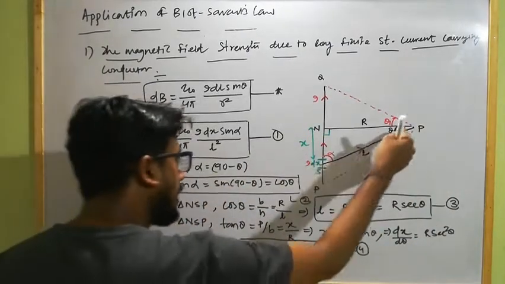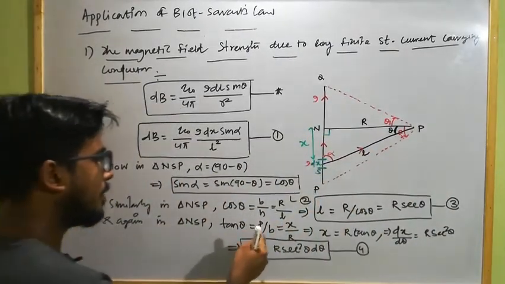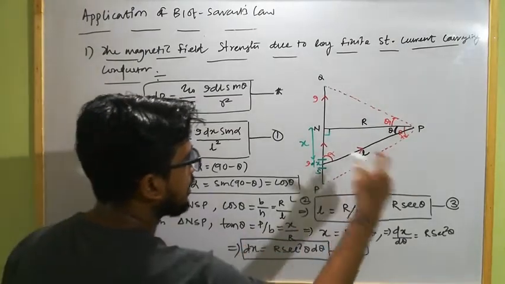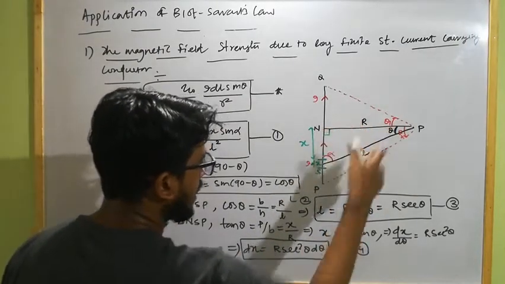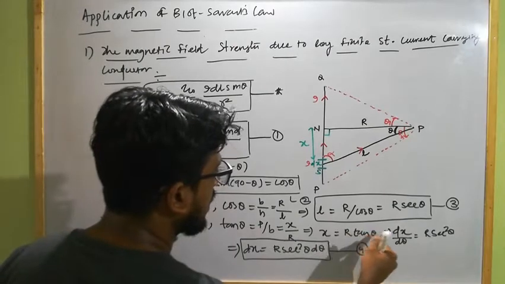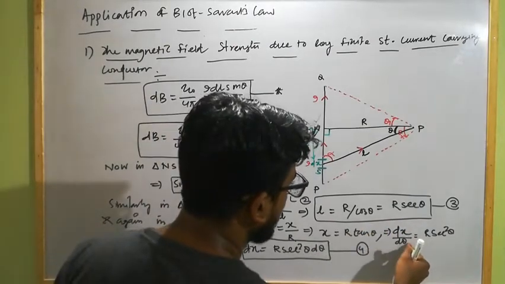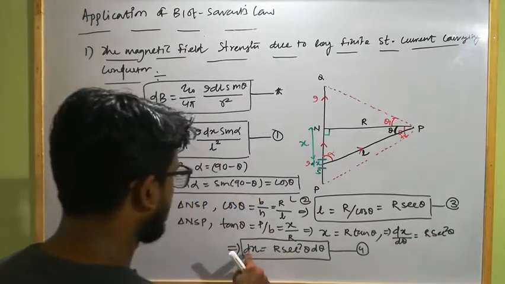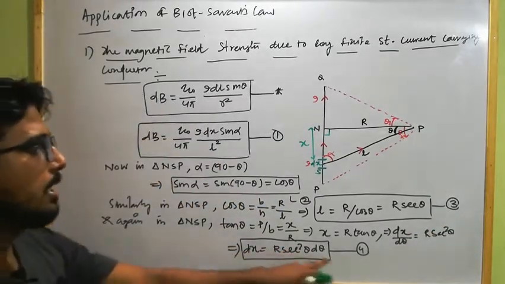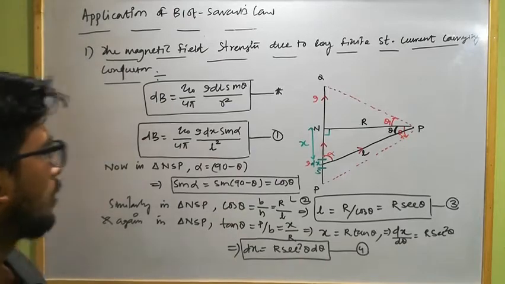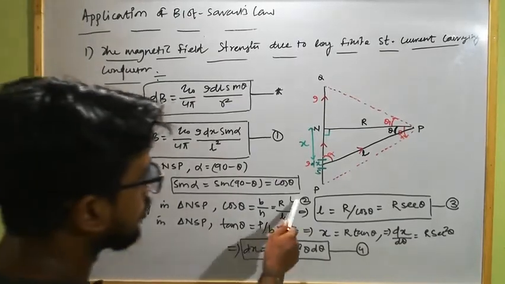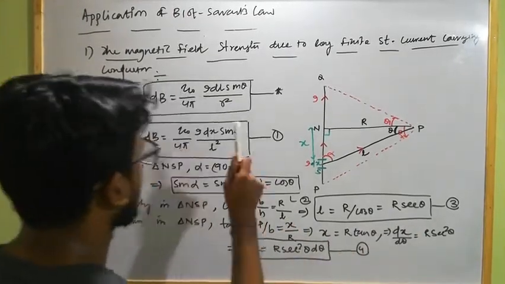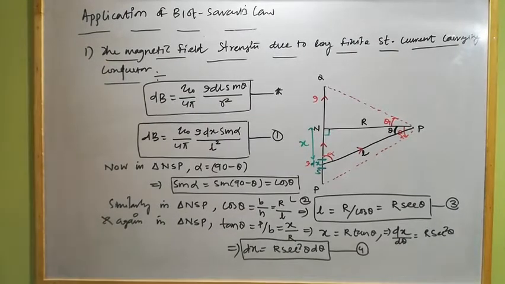Again in the same triangle, tan theta will be P by B, which is X by R, so X equal to R tan theta. By differentiating both sides with respect to theta, we get dx by d theta equal to R sec square theta, or dx equal to R sec square theta d theta. Equation 4. Clear? So now using equations 2, 3 and 4 in equation 1, we will get what?